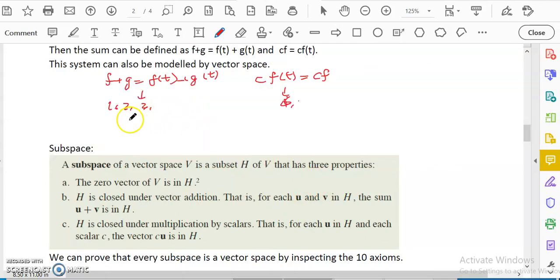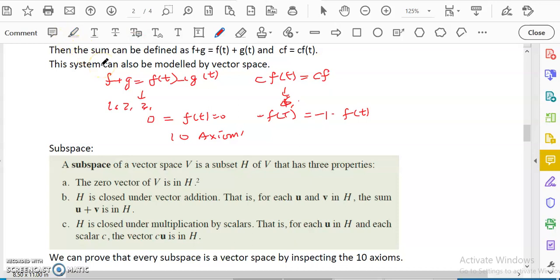And then we just need to define what 0 is. 0 would just be f of t equal to 0, right? So it's a constant vector. And then the negative of f of t is just negative 1 times f of t. So all the others are satisfied. All 10 axioms are fine. So we can say that this set of all real functions on the same domain creates a vector space.